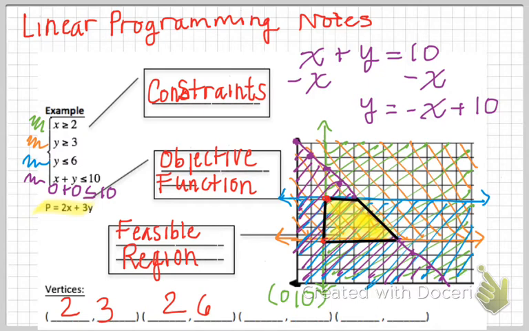Then if I go over, I also have a point at 4, 6, right there. And then my last vertex is at, if I count all the way over to the bottom right corner, that would be the point 7, 3.